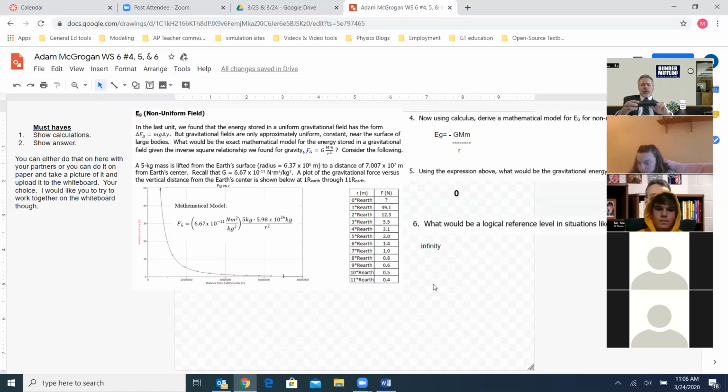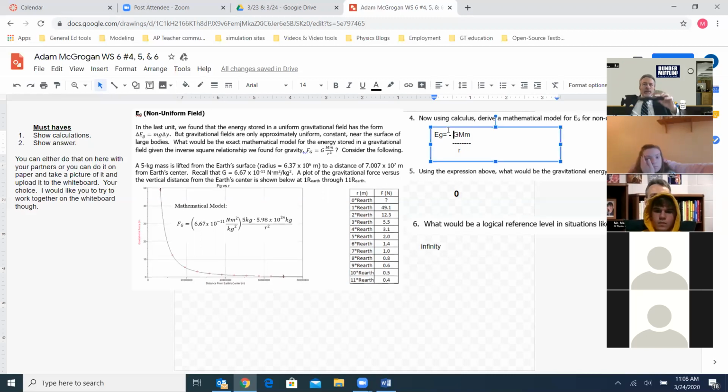They're like, wait a minute, I lift this up higher, it's getting bigger, but eventually it gets to 0. And here's the reason why. Do you see this negative out front? That's because right now it actually has negative gravitational energy. It's really low in the well. And what I'm doing is I'm lifting it up higher and higher and higher. It's getting more gravitational energy, but it's getting closer and closer to 0. I'm getting closer and closer to the top of that well. So that's the way you need to think of it. Okay. Nice job. Thank you very much, Adam.